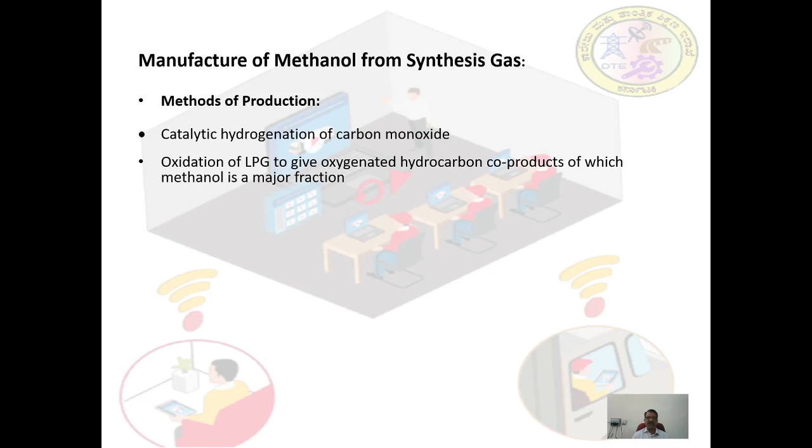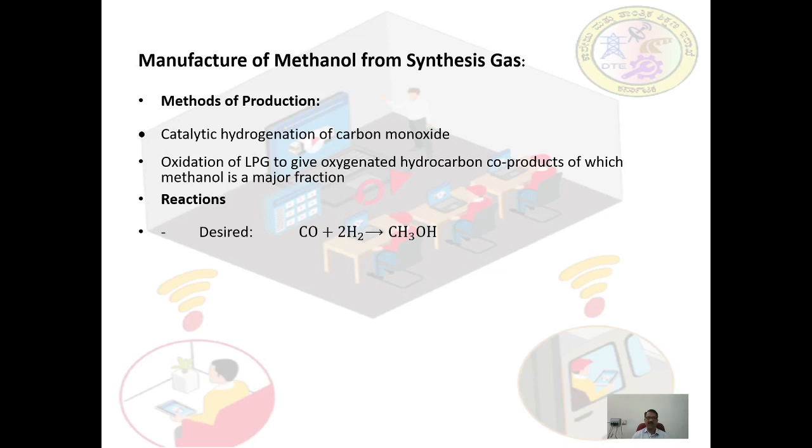We'll discuss the first method, that is catalytic hydrogenation of carbon monoxide. The chemical reactions: the desired reaction is carbon monoxide plus hydrogen gives methanol.